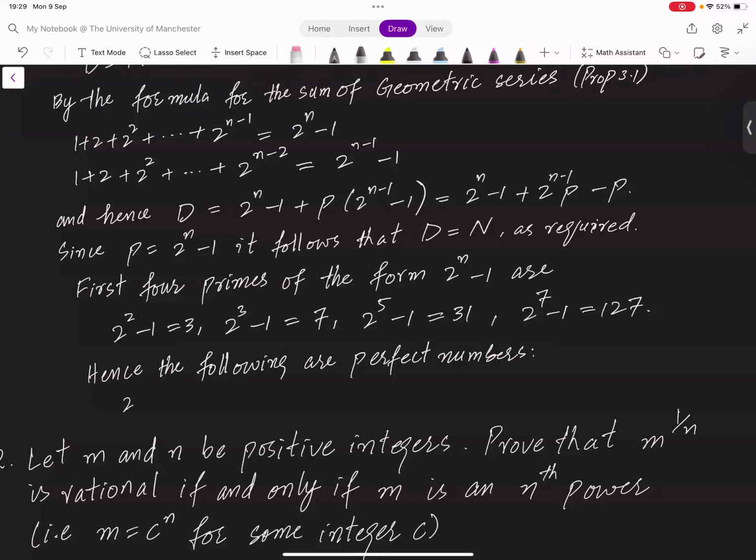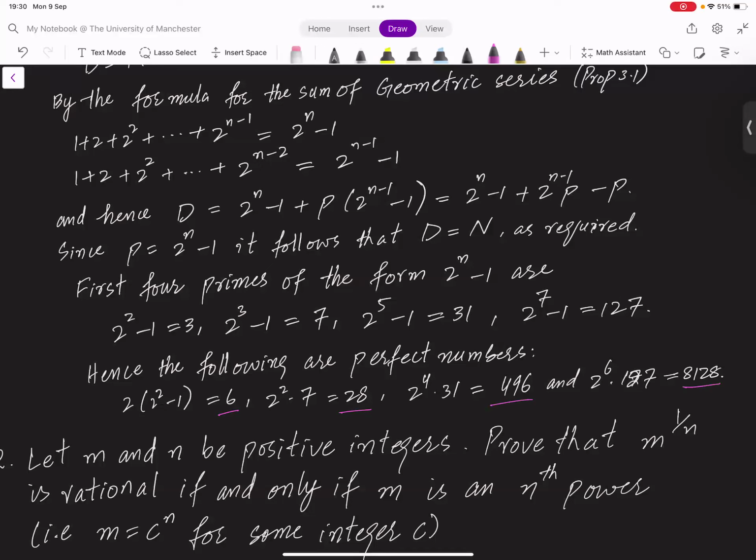They are 2 into 2 square minus 1, and that is 6. 2 square into 7 is 28. 2 power 4 into 31 is 496. And 2 power 6 into 127 is 8128. So these 4 are the perfect numbers: 6, 28, 496, and 8128.